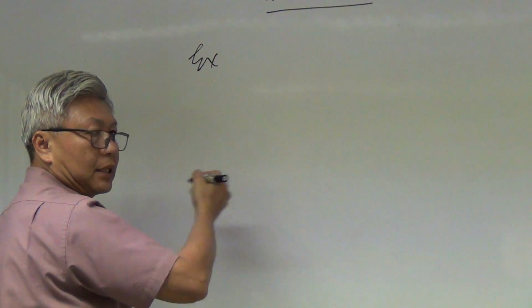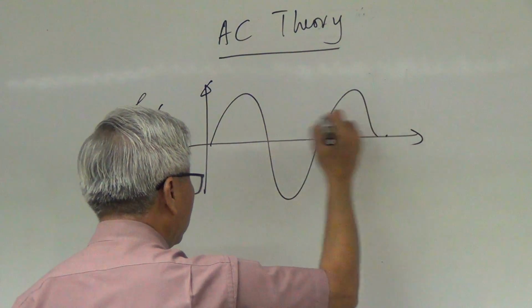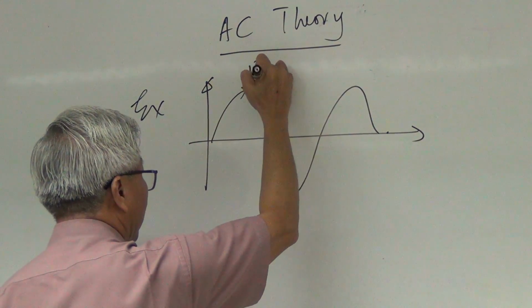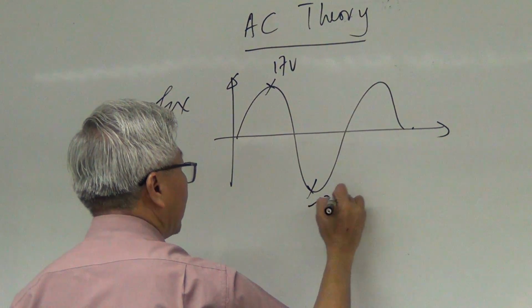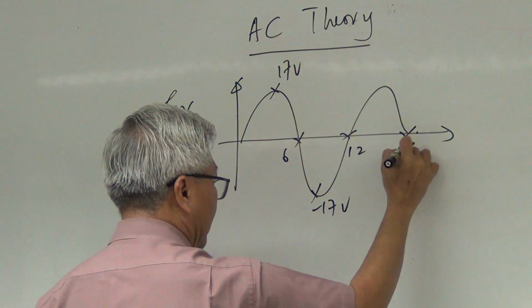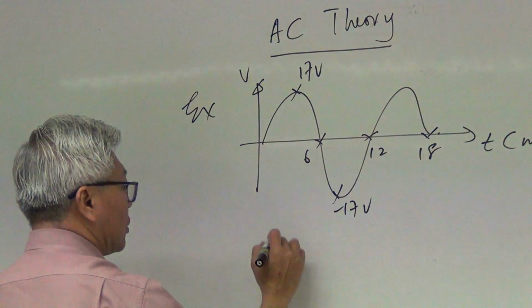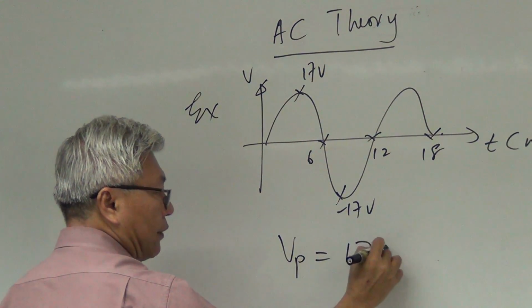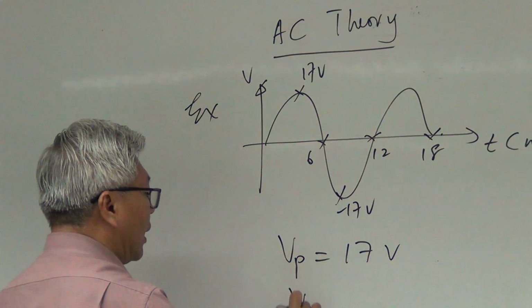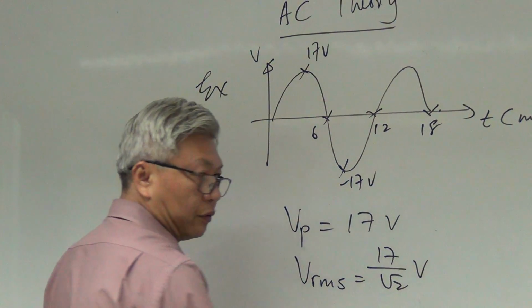Alright, let's practice. If I were to give you a sine wave, and I say that this is equal to 17 volts, minus 17 volts, and here is equal to 6, here is equal to 12, here is 18, and time is in milliseconds, and this is voltage. The peak voltage is 17 volts. The VRMS is 17 divided by square root 2 volts.